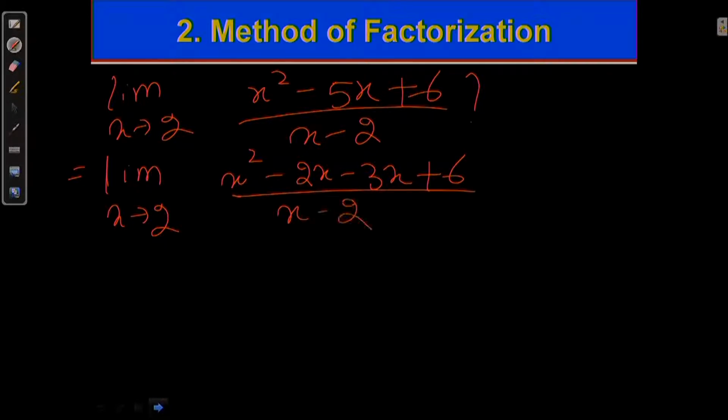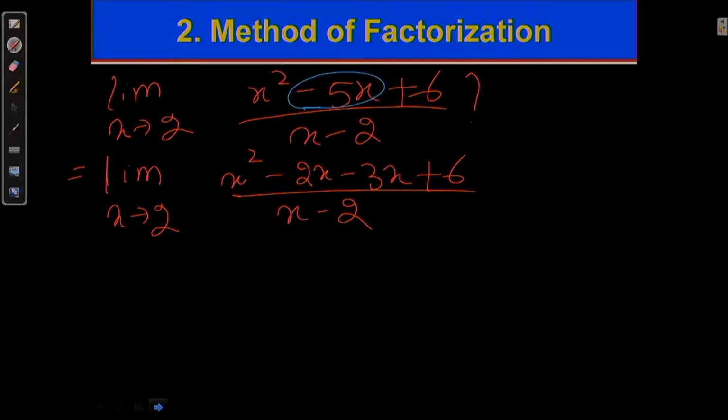I can write this because minus 5x we just split into the middle term. We already know that formula part. Minus 5x becomes minus 2x minus 3x.